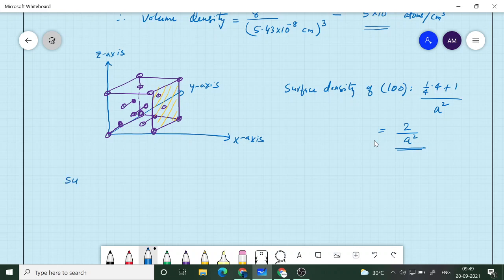So then what we did not do in the last class is the surface density of, say, the 110 plane.